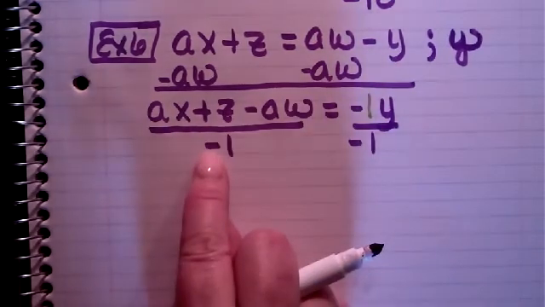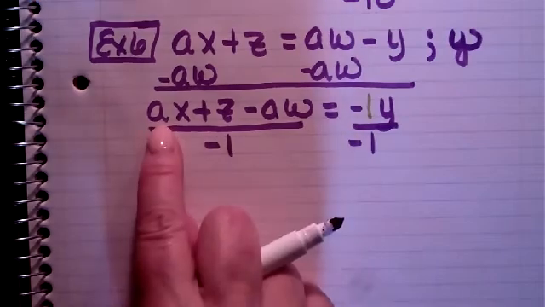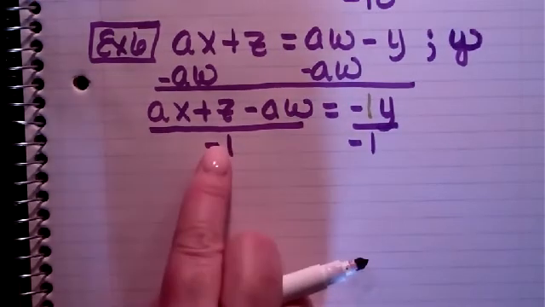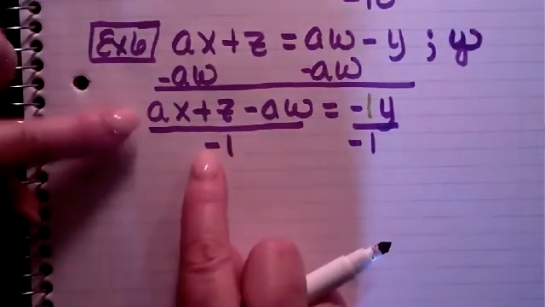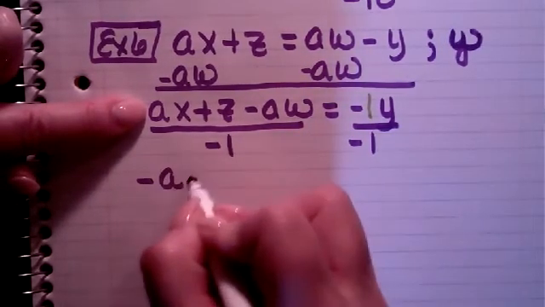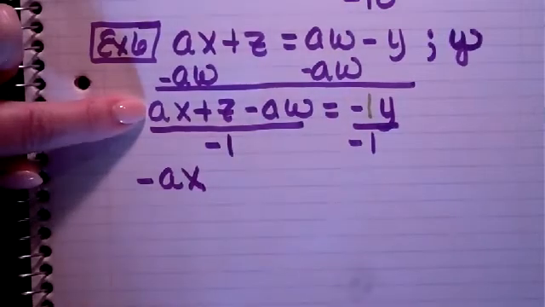But when I divide by negative 1, I'm keeping this term, but I'm changing the sign because right here I have a positive divided by a negative. Well, a positive divided by a negative 1 would be negative AX.